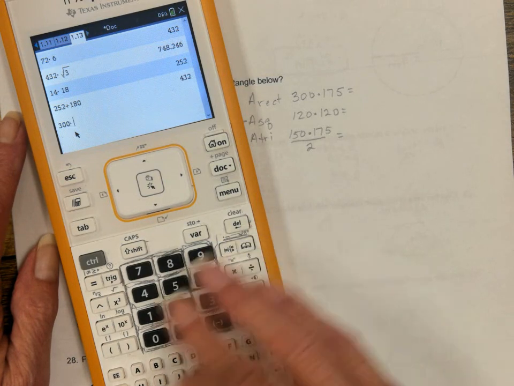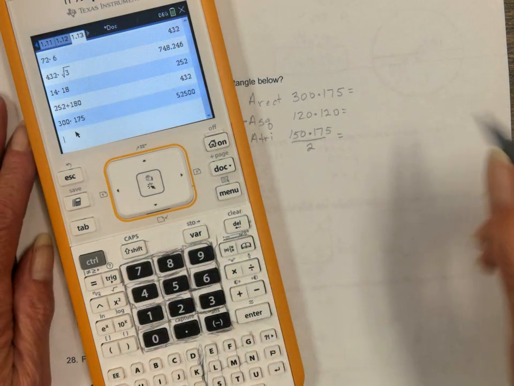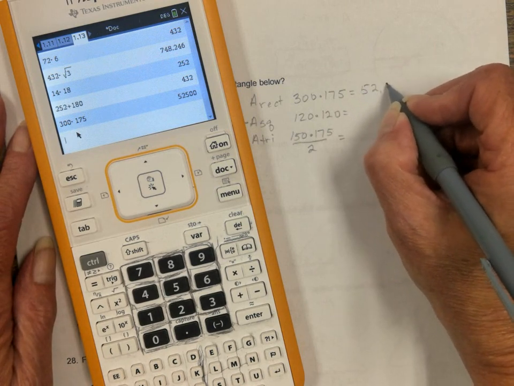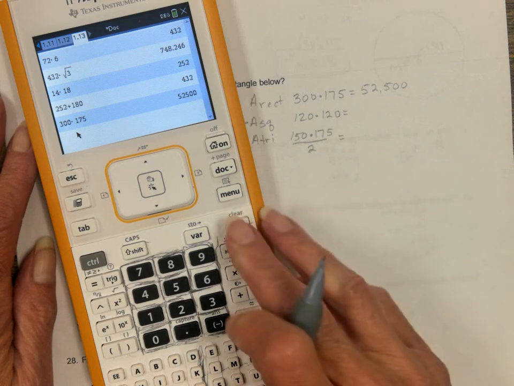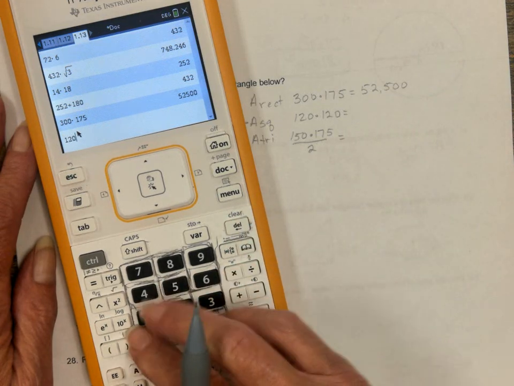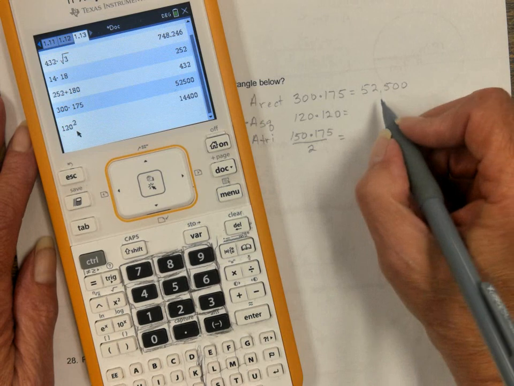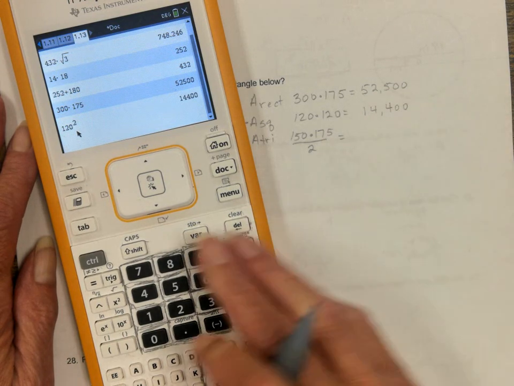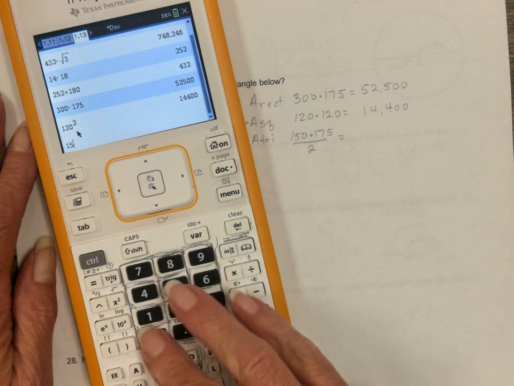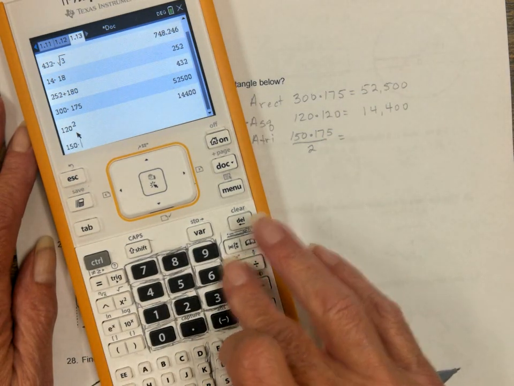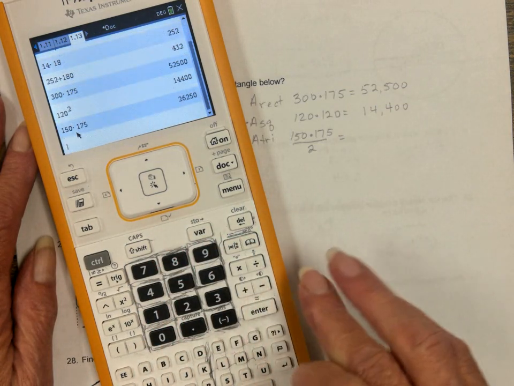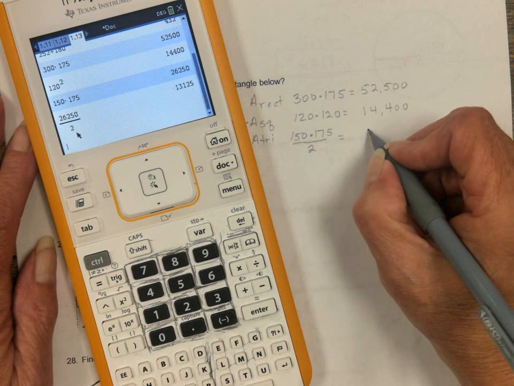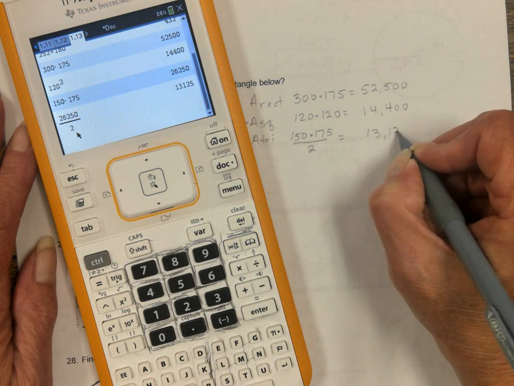300 times 175 gives me 52,500. Okay, 120 squared is going to give me 14,400. And 150 times 175 divided by 2 is 13,125.